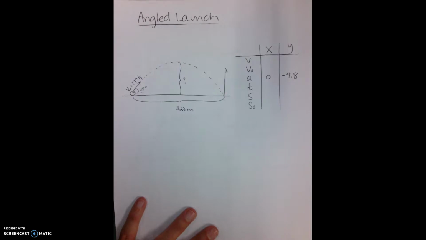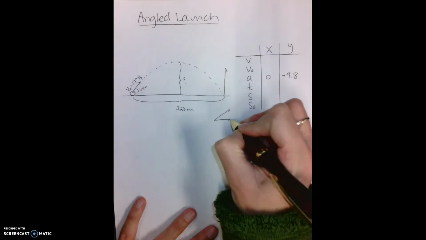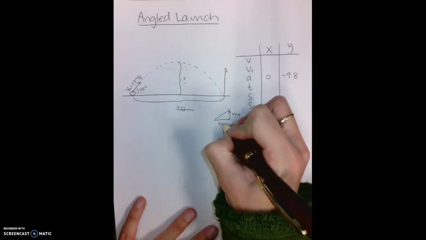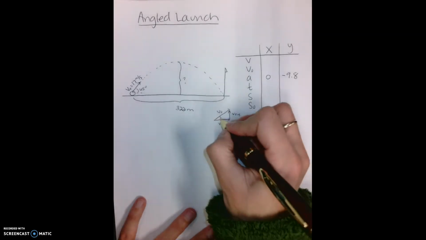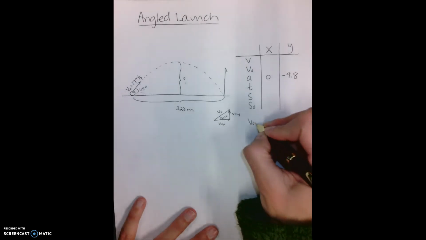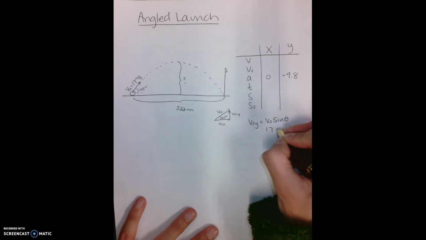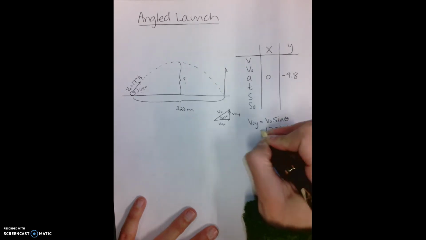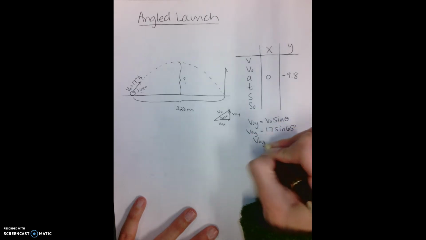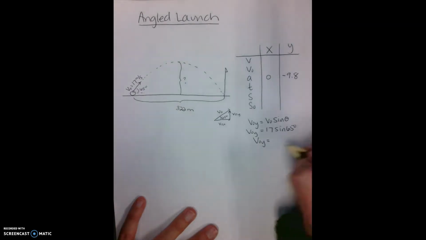I know the initial velocities, but I will have to compute them. For my little trig triangle, I have v0y, v0x, and v0, with an angle of 65 degrees. For v0y, that's v0 times the sine of theta, so 17 times the sine of 65 degrees, so v0y equals 15.4.